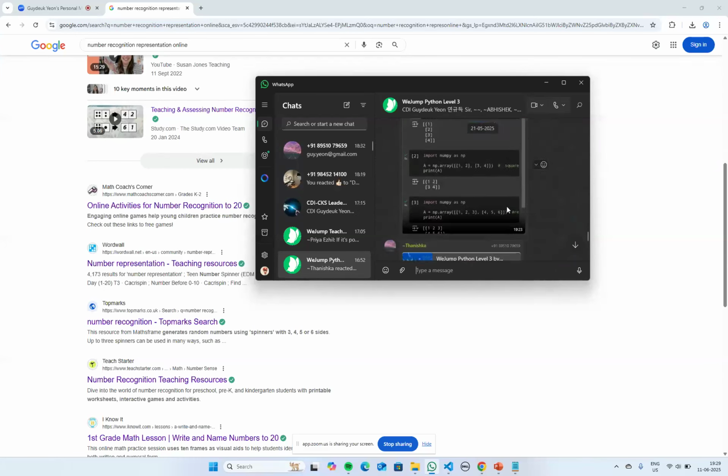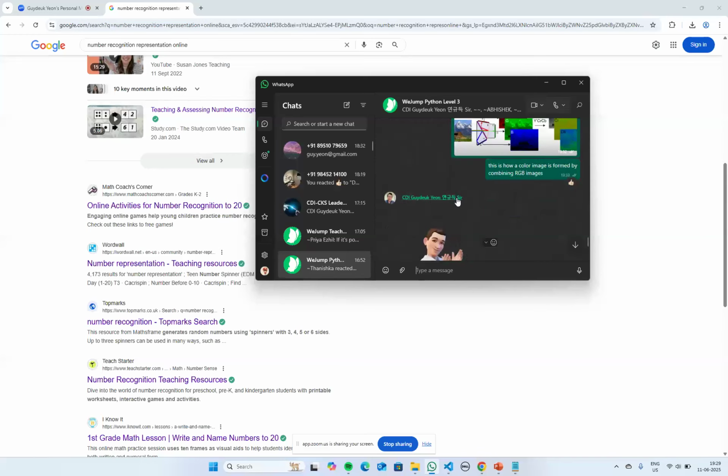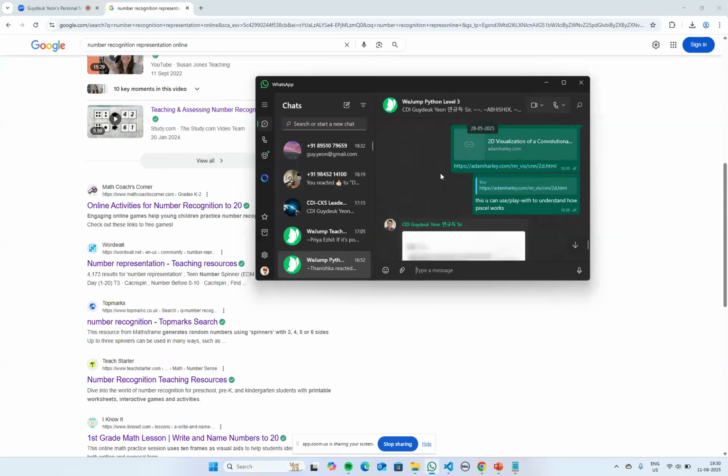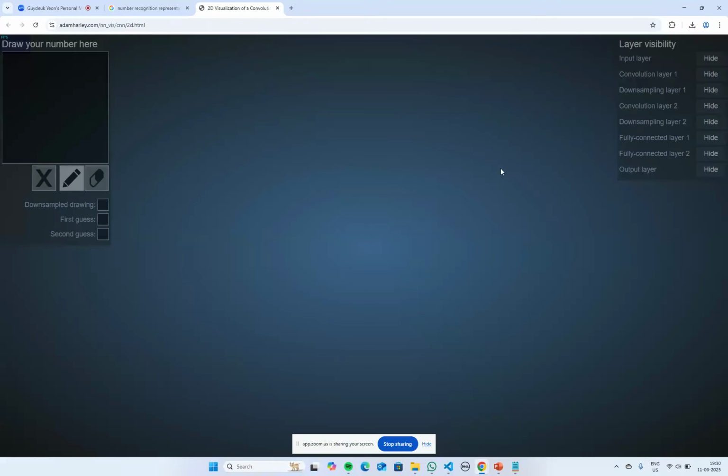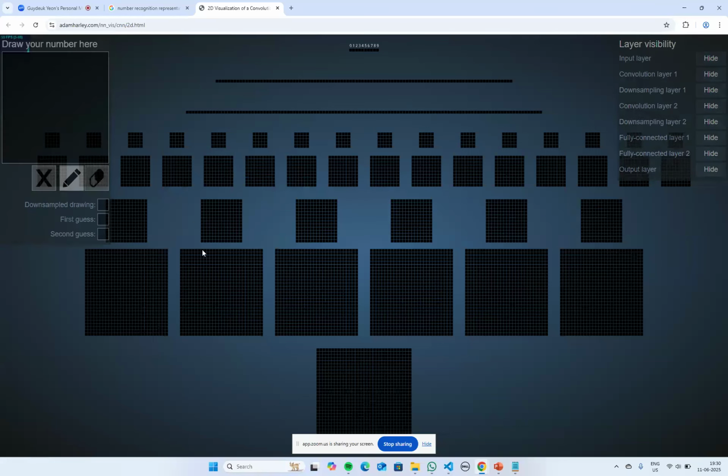Did I share the character recognition which I showed in the last class or the one before? Yes, sir, we tried it. Okay. Sometimes we are trying to do matrix multiplication, and that's why you are able to see this reduced matrix.